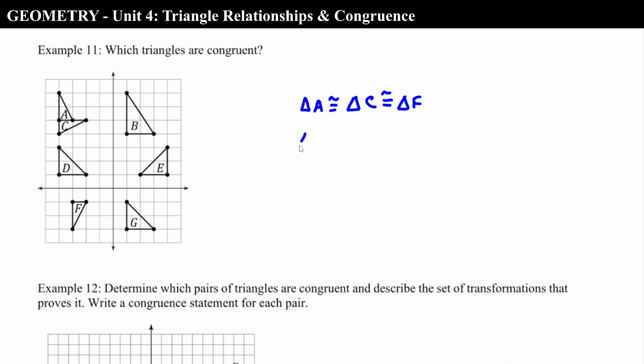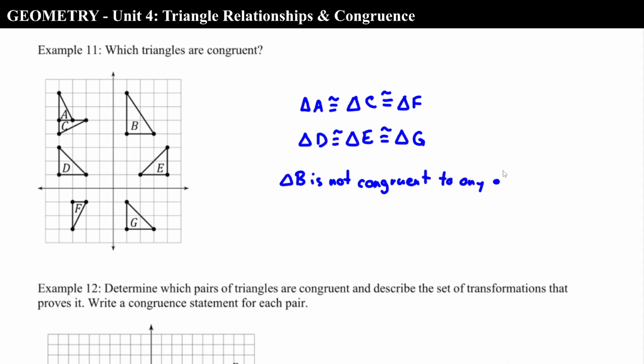So we have triangle D congruent to triangle E, which is congruent to triangle G. So that leaves triangle B, which is not congruent to any other triangle.